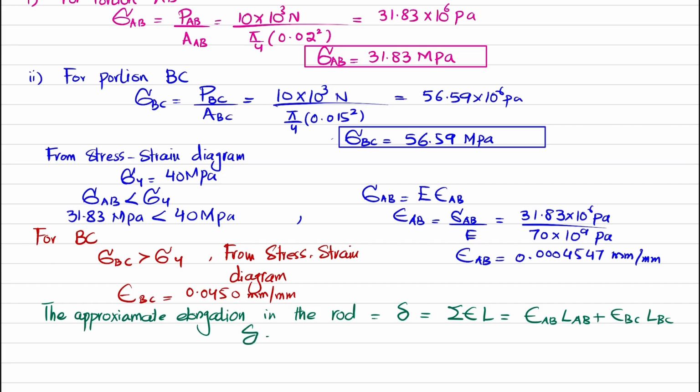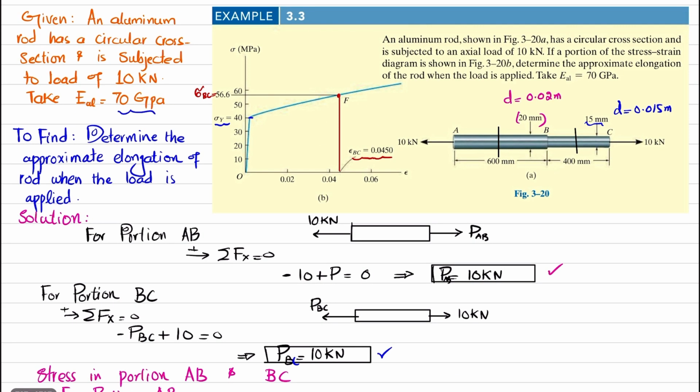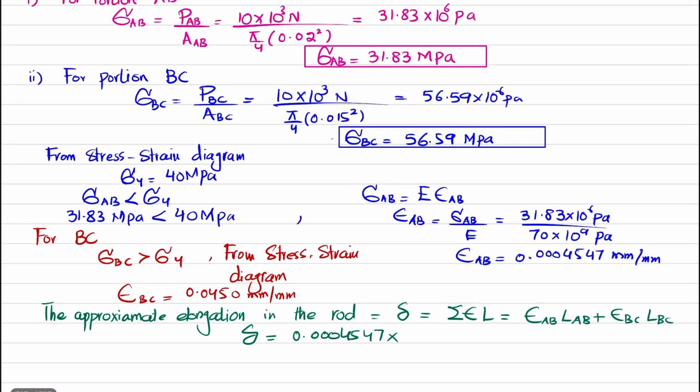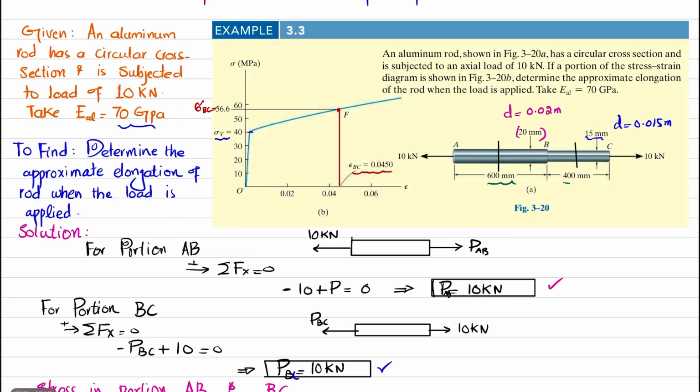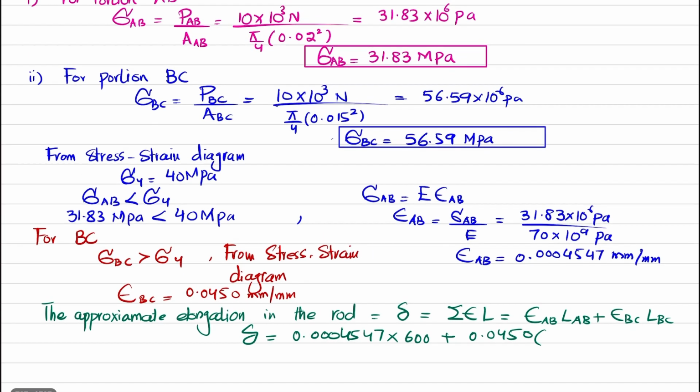So delta will be equal to epsilon AB, 0.0004547, multiplied by length of AB, which is 600 millimeter or 0.6 meter. You can also write in meter, but I will take here 600 millimeters. And plus epsilon BC was 0.0450 multiplied by length of BC, which was 400 millimeter.